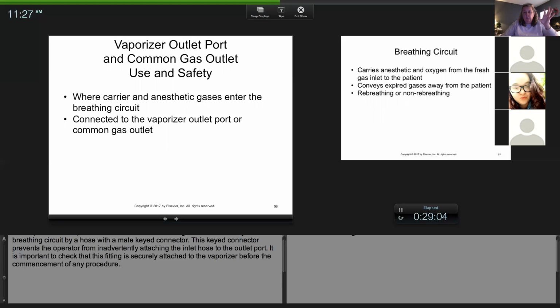That's when you deal with how to hook up a non-rebreathing system, and that hooks up a different way to the outlet of the vaporizer. So there is a little bit of a difference in the connection if you're using one of the different breathing systems, but we'll get into that when we get into anesthesia 2.